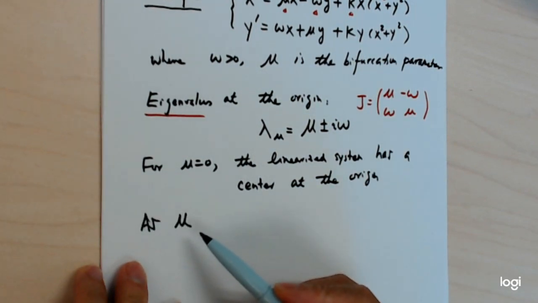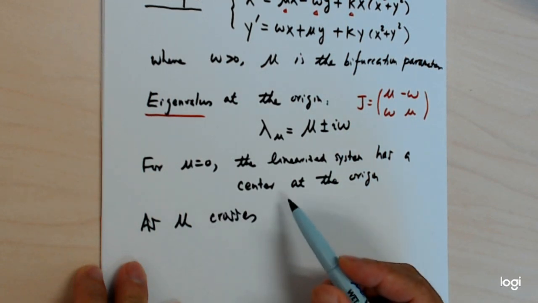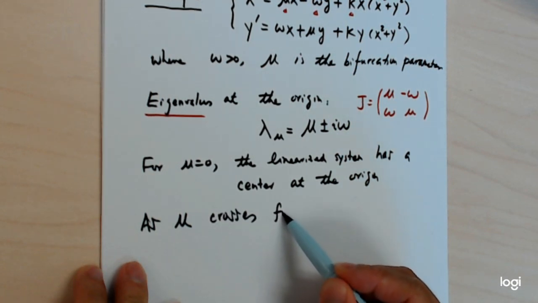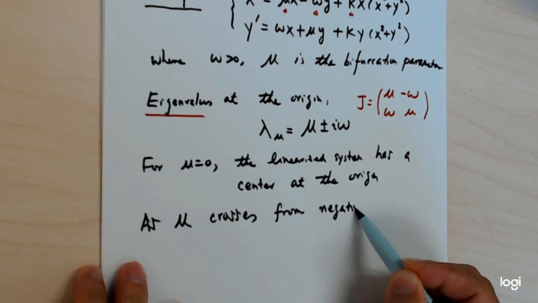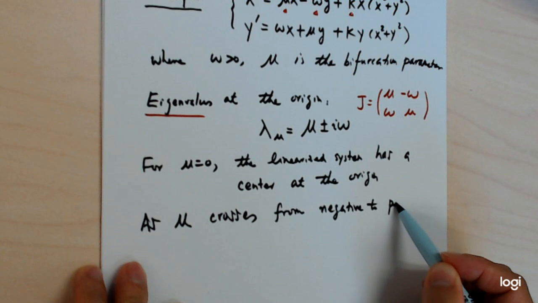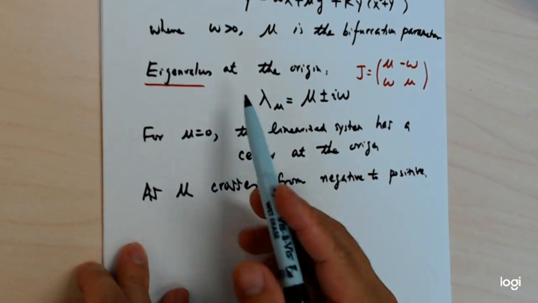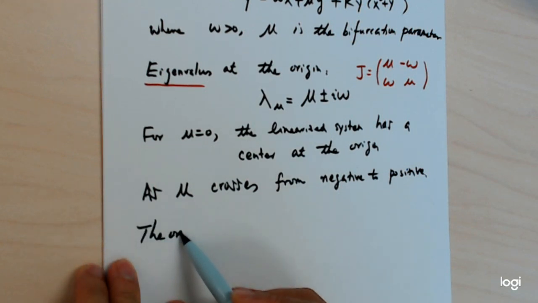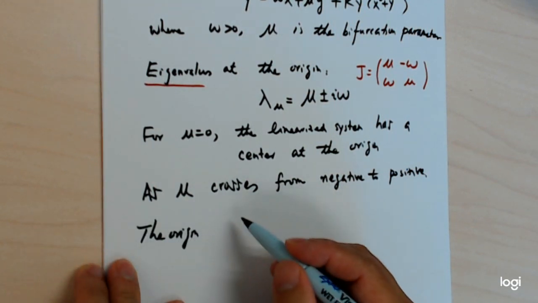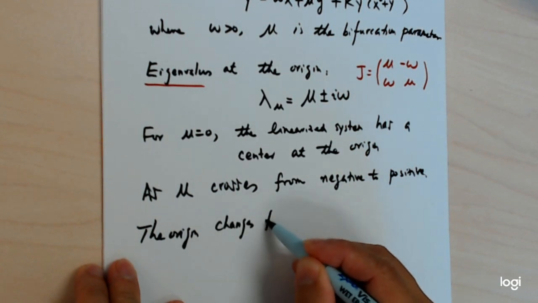So as mu changes from some negative number to a positive number, the origin changes.